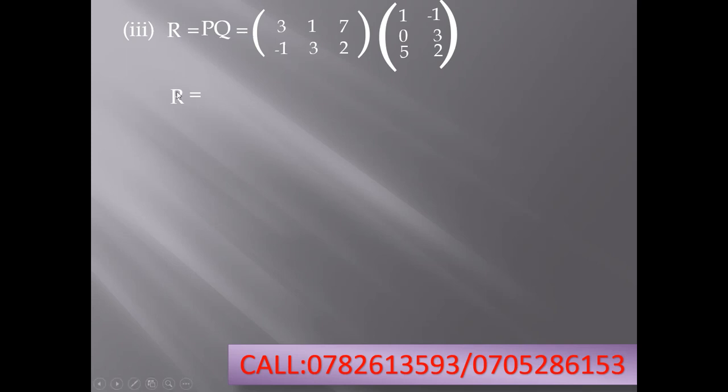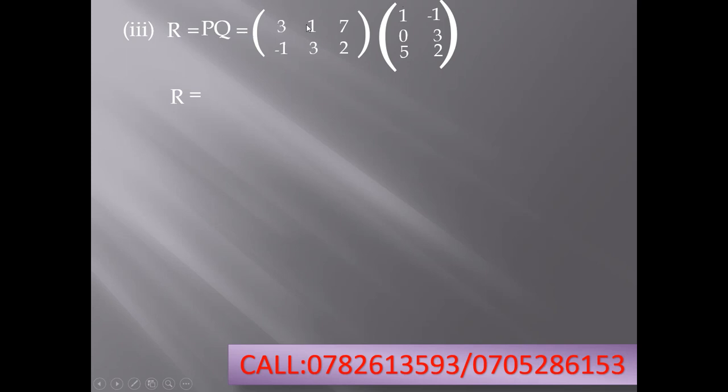So can we now get the matrix R? We shall just multiply, since we've already found out that the matrices can multiply. When we are multiplying matrices, we multiply rows into columns. First row, first column.